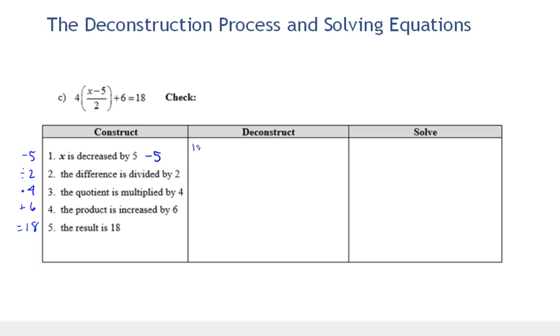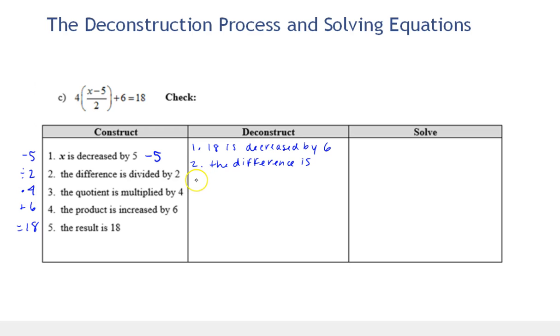So our first step is 18. Instead of increasing by 6, we'll decrease by 6. 18 is decreased by 6. That is a difference, so we'll write the difference is, well, we had multiplied by 4, so we're going to divide by 4.